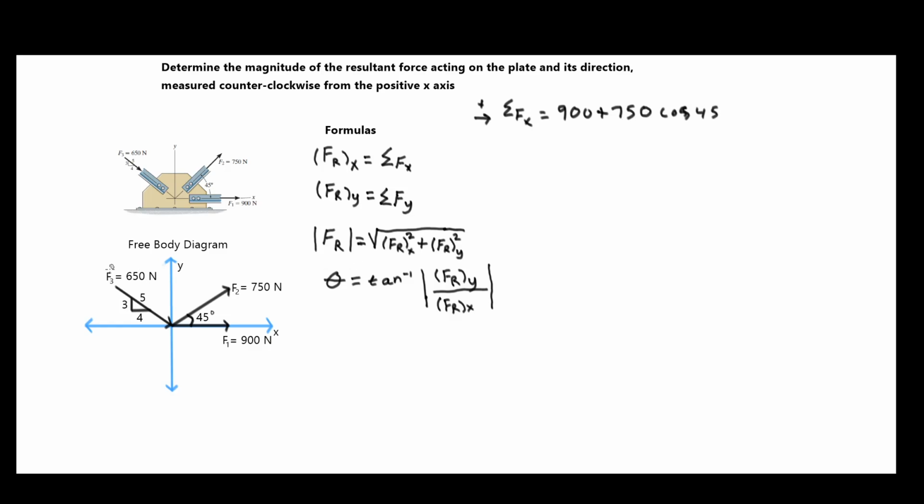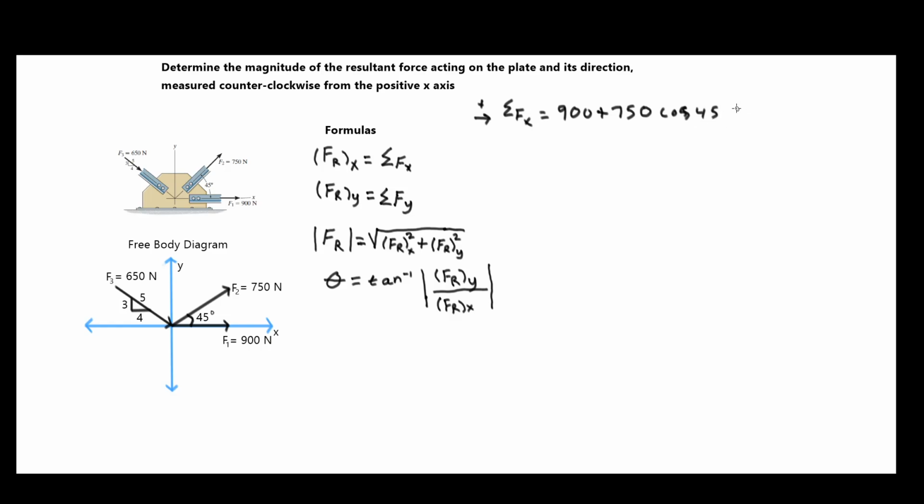And then for our last force here, you can see we have this 3, 4, 5 triangle coordinate system, and you can use these x and y components and find the inverse tangent to find your angle here. But I actually just like to use these x and y components. For example, since this x component is 4, you can just divide it by the hypotenuse, which is 5, and that'll give you your value, so you don't have to do any calculations for your angle. So in this case, our third force is going in the positive direction.